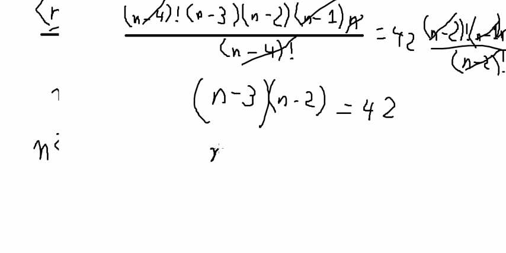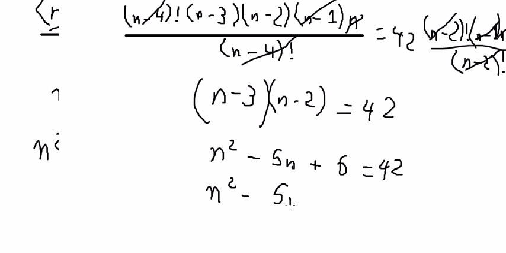So you get n squared minus 5n plus 6 equals 42. 6 minus 42, you get negative 36.